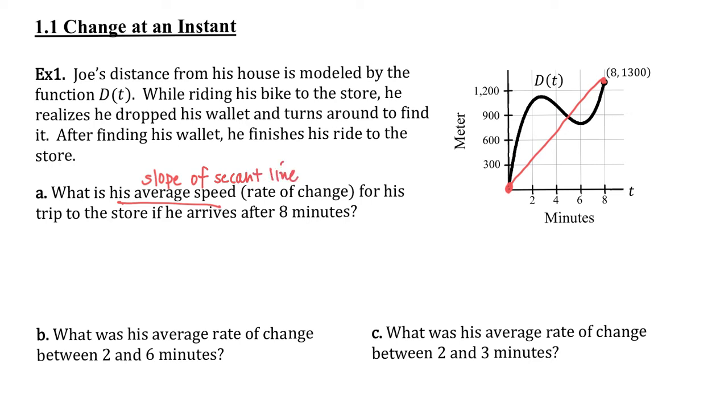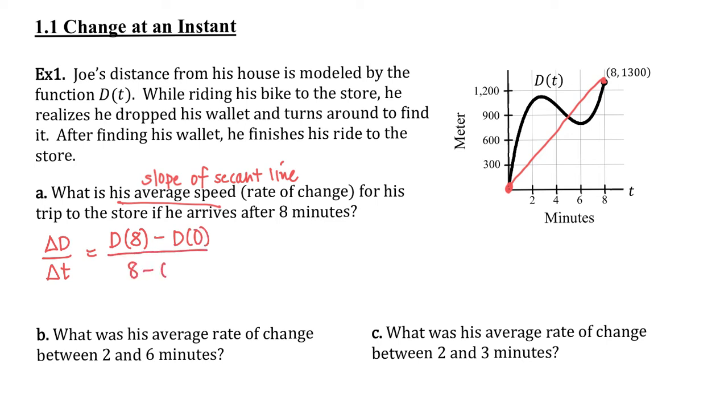Okay, if you remember slope, slope is change in y over change in x. Since this is the graph of d and it's over the time in minutes, we're going to call it change in d over change in t, or the change in distance over the change in time. So from 8 minutes to where he started from, that's the change in his distance.